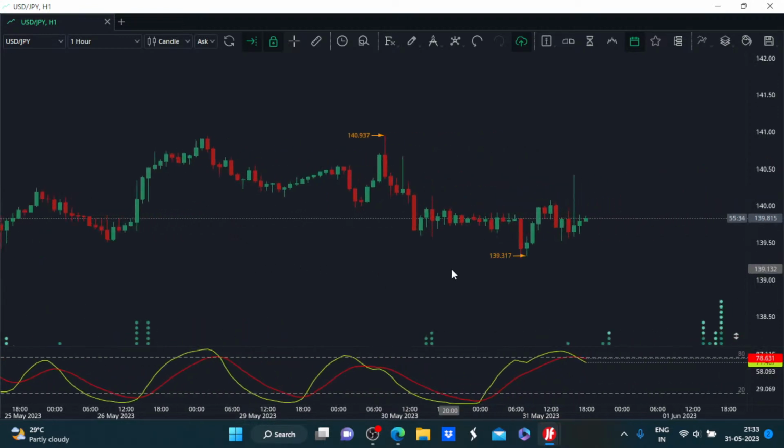The use is simple to understand, simple to execute, just like the way we used the stochastic indicator. The break delay stochastic is also used similarly.